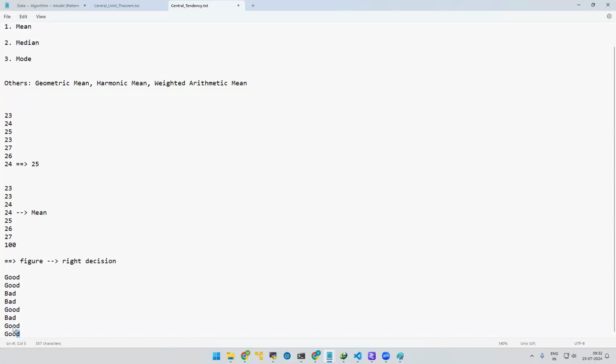These are qualitative in nature, right? Yes, sir. So in this case, it's not possible to take mean or median. We should apply mode. Mode is nothing but the high frequency value. So what is the high frequency value here?